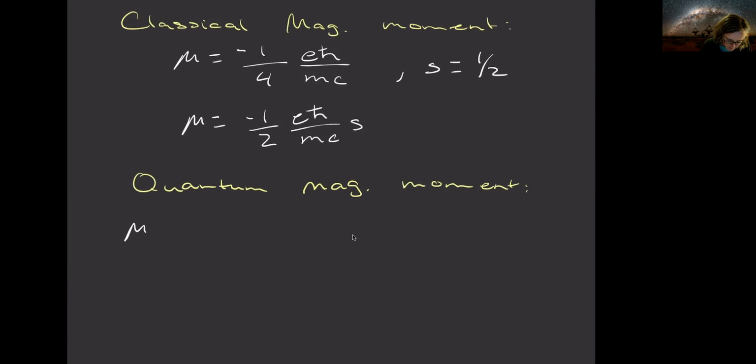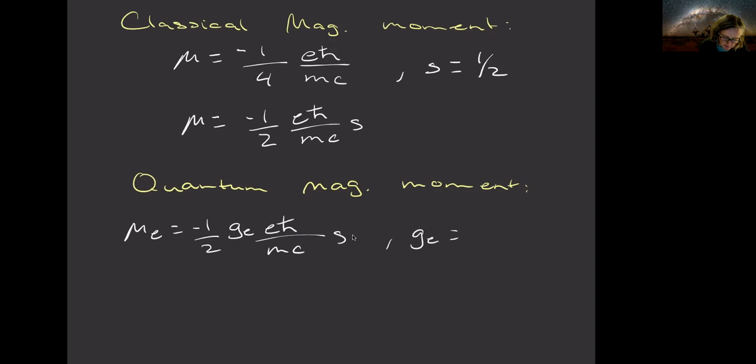Mu e is equal to -1/2 g_e, which is the Landé g factor and is equal to 2 for an electron, over mc times spin. So you can see that's very similar.